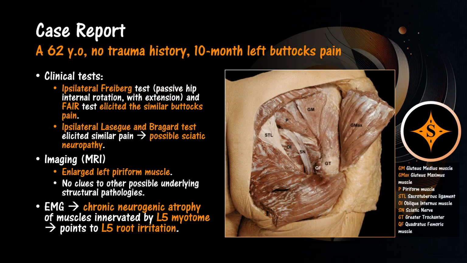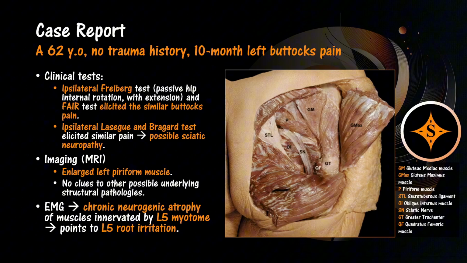Clinical tests that have been performed on this patient include the ipsilateral Freiberg test, which is passive hip internal rotation while the knee is extended. The FAIR test itself elicited the similar buttocks pain, along with the ipsilateral Freiberg test as well. This supports the diagnosis of Piriformis syndrome even more. And then the ipsilateral Lasègue and Bragard test was also performed.